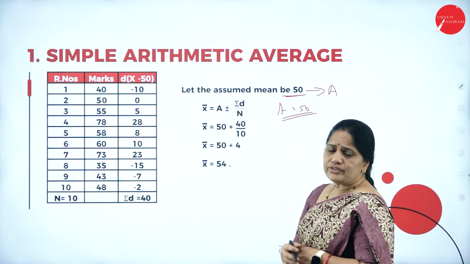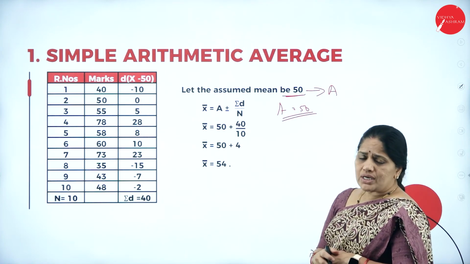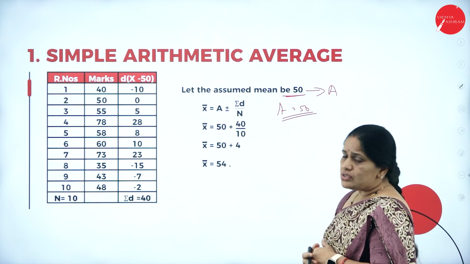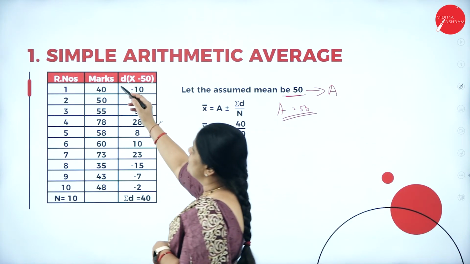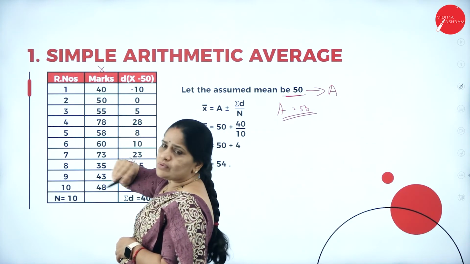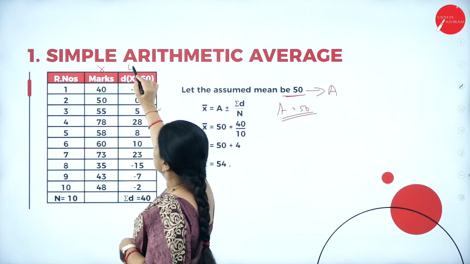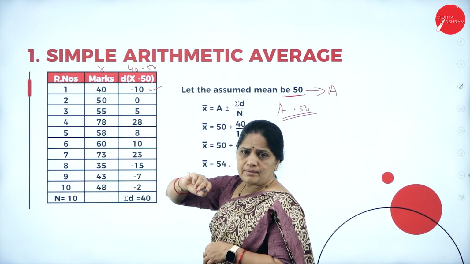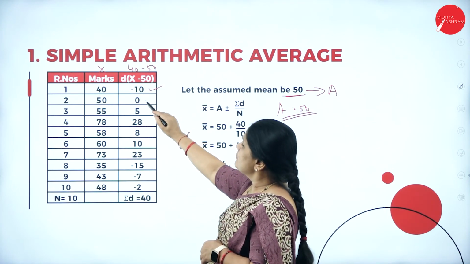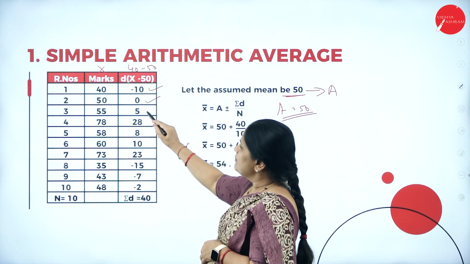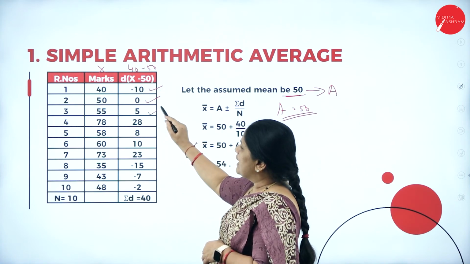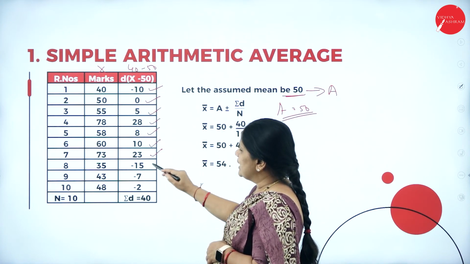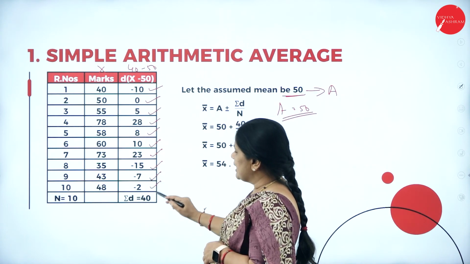Now we have to find the d values, which is x minus 50. 40 minus 50 is minus 10. 50 minus 50 is 0. 55 minus 50 is 5. 78 minus 50 is 28. Then 8, 10, 23, minus 15, 7, minus 2.